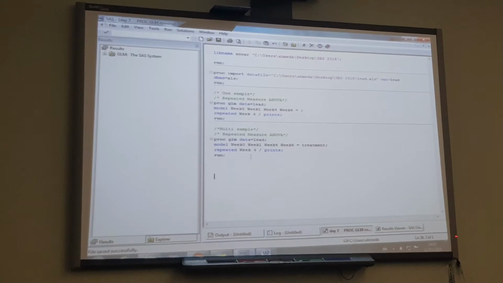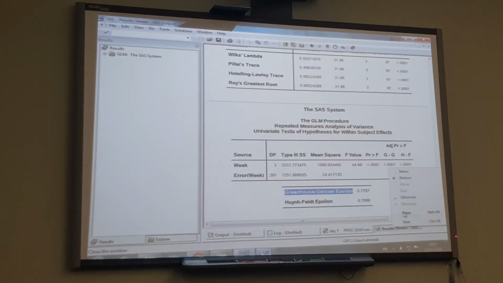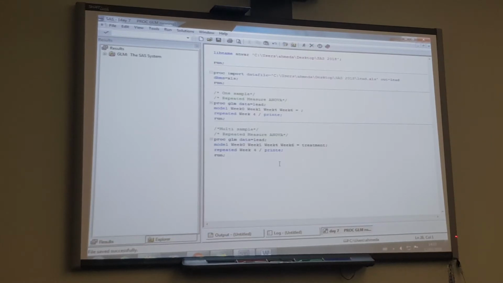Everything else is the same, class treatment. It's the same, but now we are adding the interaction.